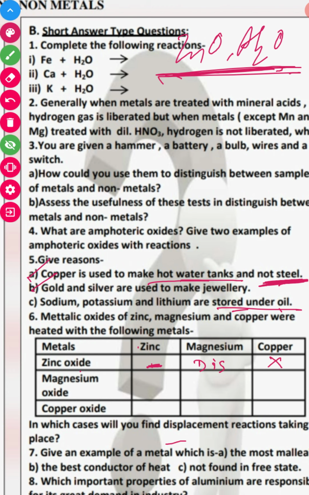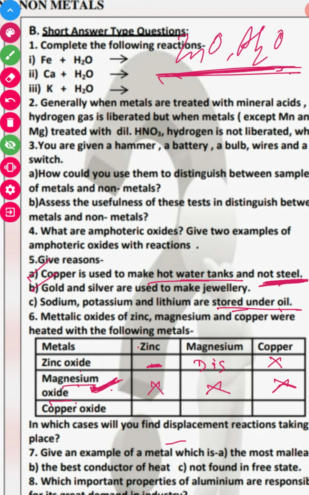Magnesium oxide reacts with zinc, then no reaction takes place. Why? Magnesium is already a more reactive metal than zinc. Magnesium oxide with copper, again no reaction takes place, right?